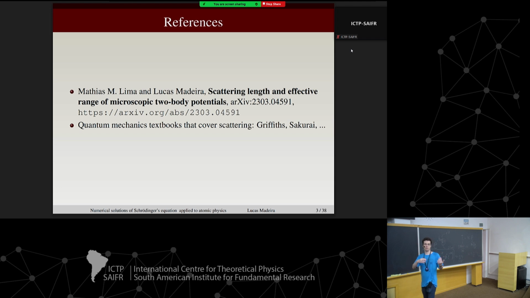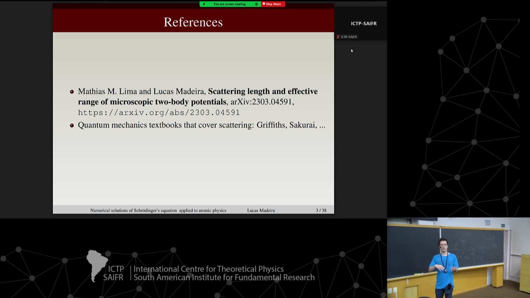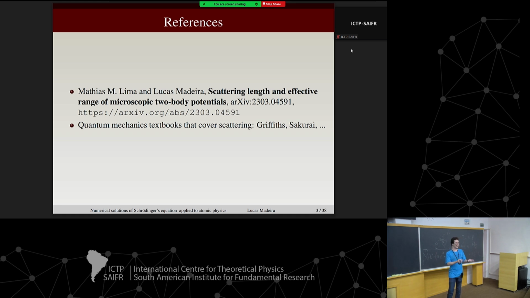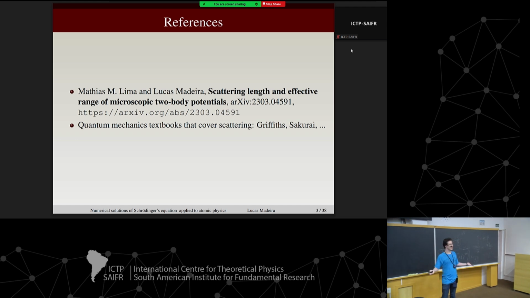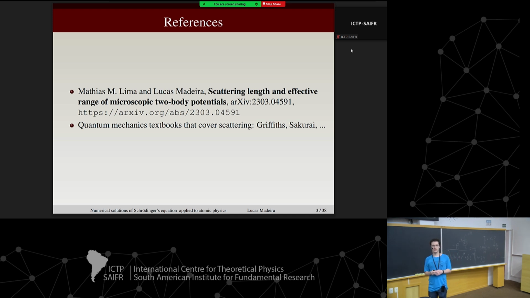Students, maybe at the end of the undergraduate course, beginning of the graduate course, where we introduce in a pedagogical way, in my opinion a little bit more pedagogical than in standard quantum mechanics textbooks, two concepts: scattering length, that I think everybody knows what it is, and the effective range, which is something that you probably heard a few times this week, right?